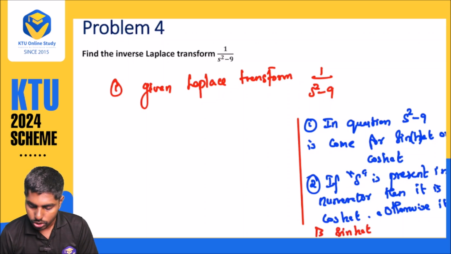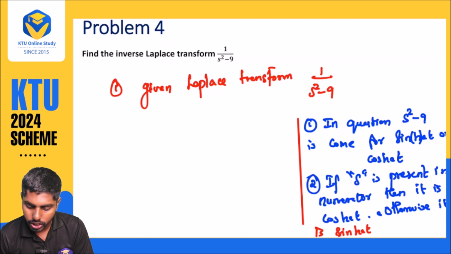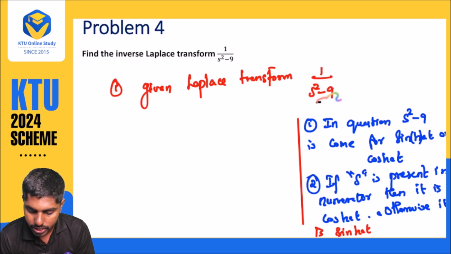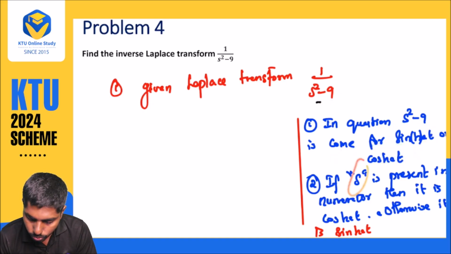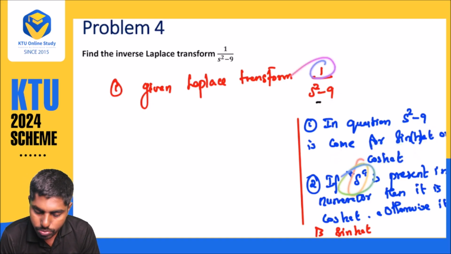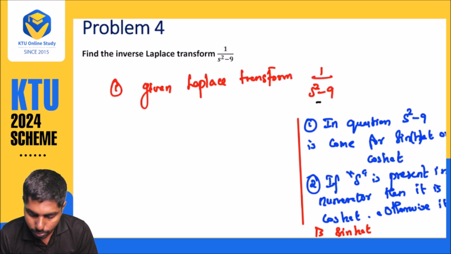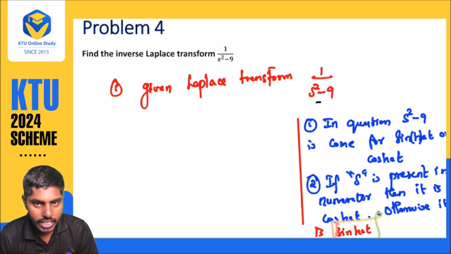So these are the conditions. X square minus is coming, so we know it is either sin hat or cos hat. For cos, what is the condition? Numerator x should be there. But here if you observe, x is not there. So we can guarantee that it is sin hat.